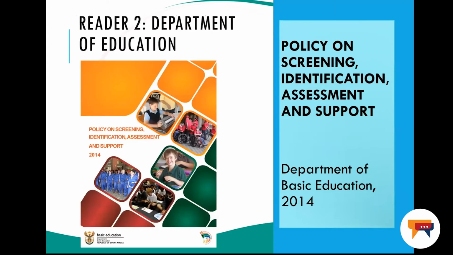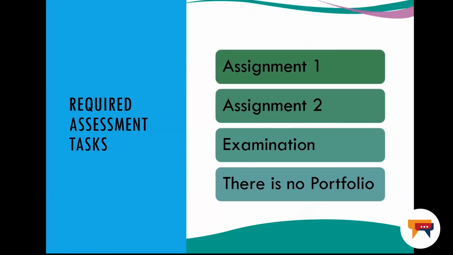And the second reader is the policy on screening, identification, assessment and support. This document provides you with detailed information on the process of the implementation of inclusive education. For example, how to identify, how to assess, and how to support learners in schools. And these are the 2 key documents that you'll need when completing this module.